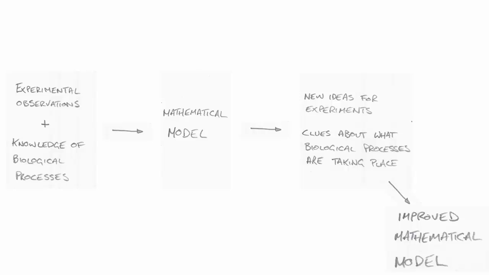So that's given us new sets of experiments to carry out, more ideas to research, and once we've done that, we hopefully can go back and improve our mathematical model.